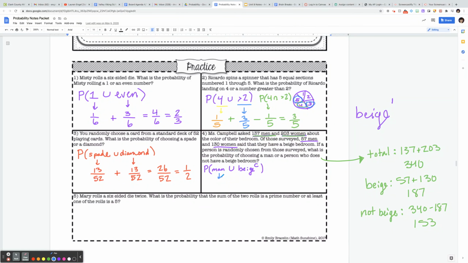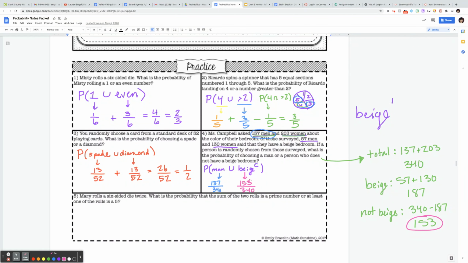The probability of her selecting a man is 137 out of 340, because there are 137 men total. The probability that we pick someone who is not in a beige bedroom is 153 over 340.